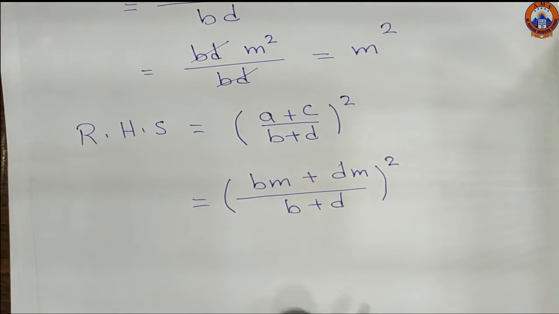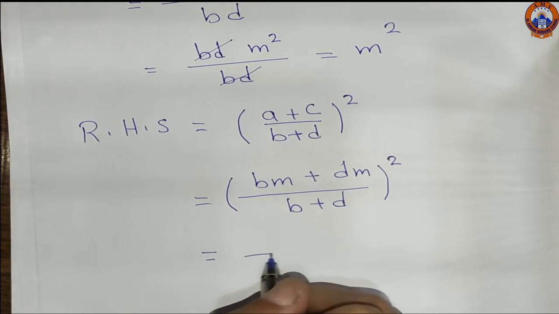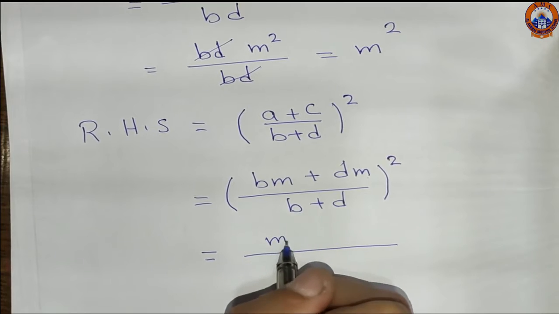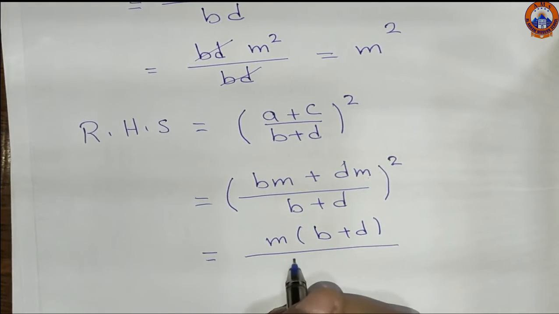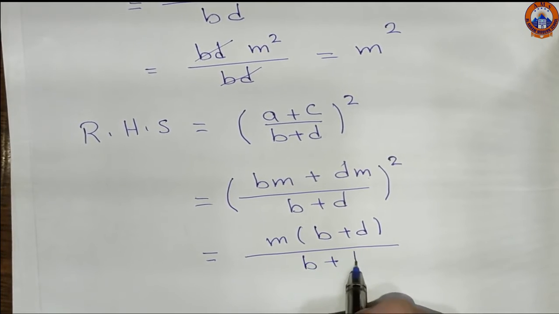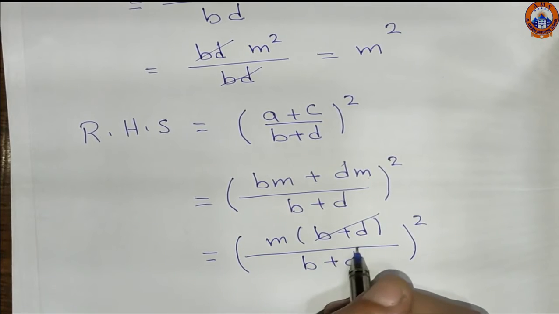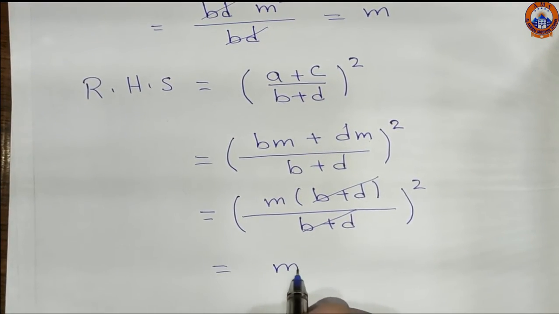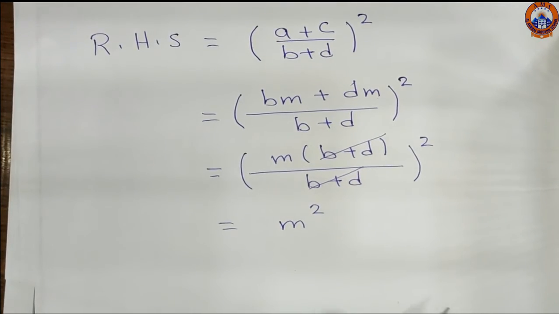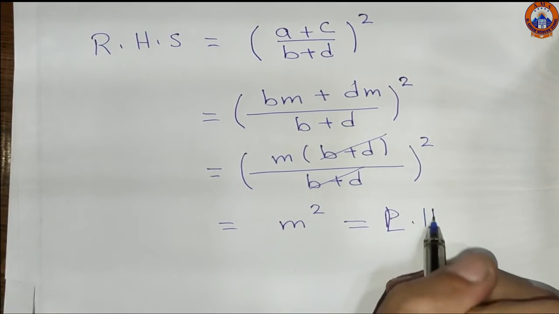By taking a common M from the numerator, this will be equal to M times B plus D over B plus D, and all of this is squared. By canceling B plus D from both numerator and denominator, we're going to have M power 2, and this is equal to the left hand side.